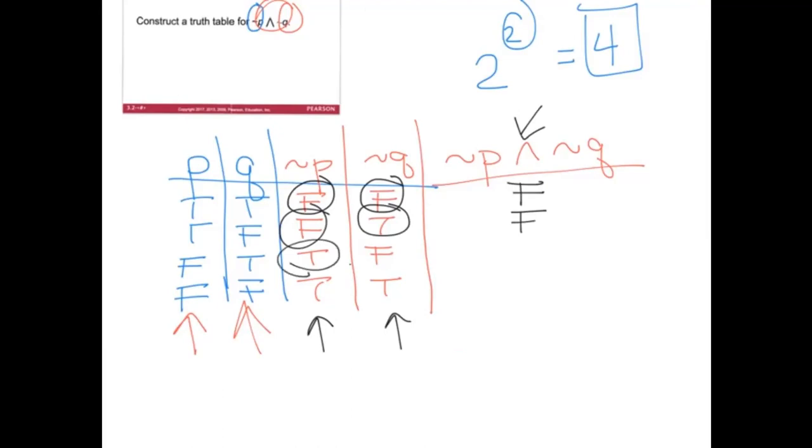We have a true and false. That's false. And we have a true and true. That is the only time conjunction is true. So the only time not Q and not P would make a true statement was if both the original phrase had P and Q both starting out false.